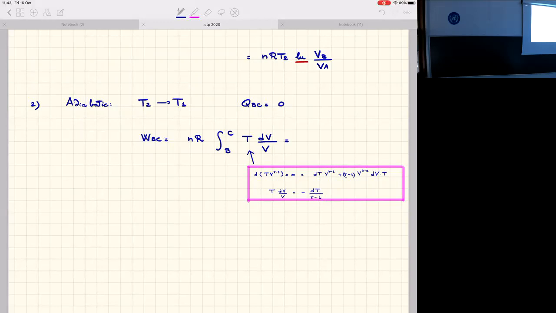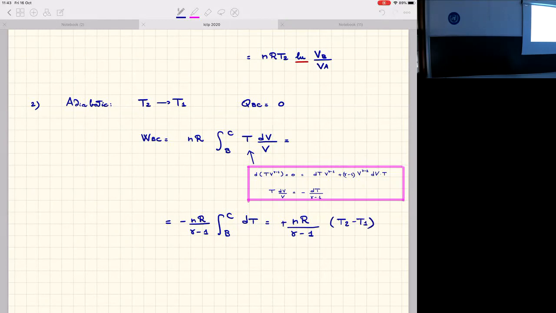Then I get that this is equal to minus n times r divided by gamma minus 1 integral between b and c dt. And this is minus n, this is plus nr divided by gamma minus 1 t2 minus t1.